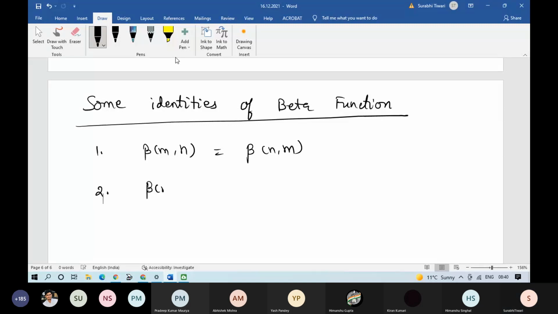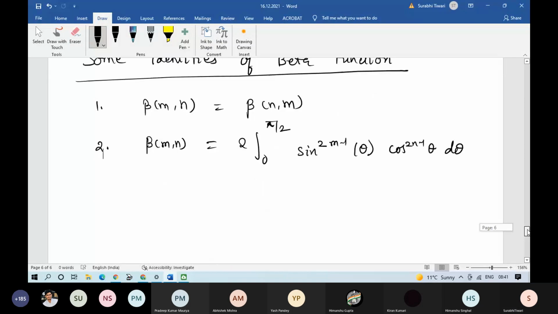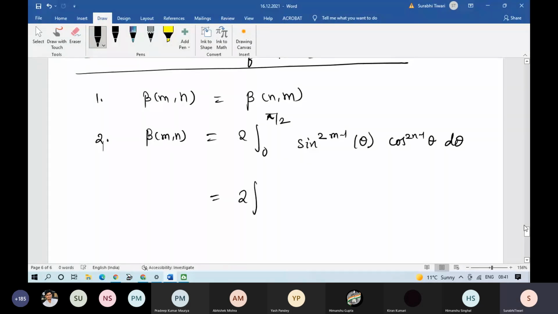Second is beta mn is equal to 2 times the integral from 0 to pi by 2 of sine to the power 2m minus 1 theta cos to the power 2n minus 1 theta d theta. And this is equal to 2 times the integral from 0 to pi by 2 of sine to the power 2n minus 1 theta cos to the power 2m minus 1 theta d theta, because beta mn is equal to beta nm.